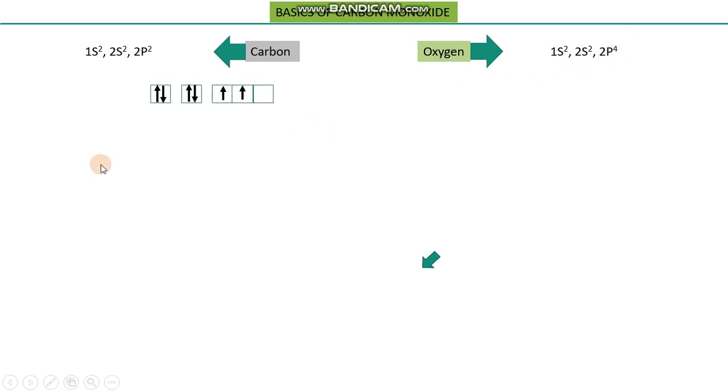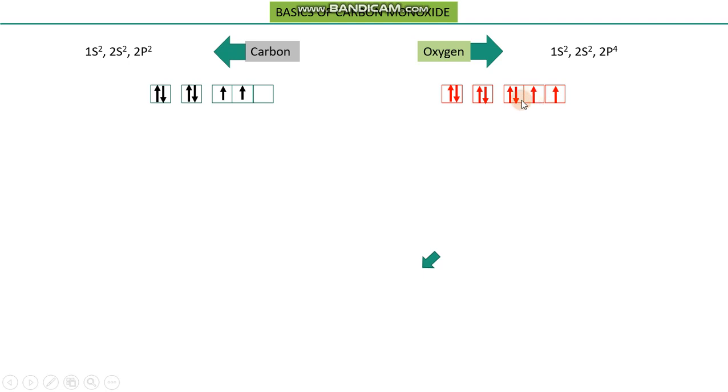So 1s is filled, 2s is filled, and there is a pair of electrons in p, and 2 electrons are unpaired.